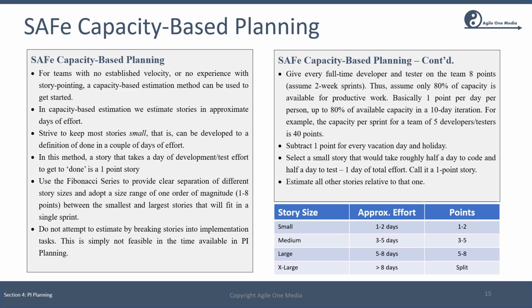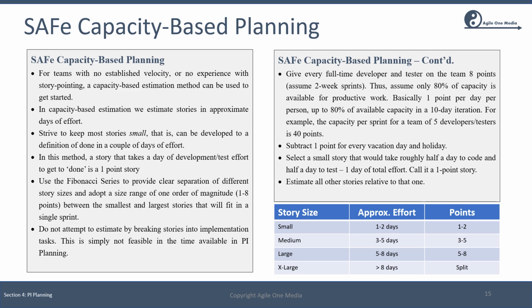And one thing we don't do is we don't attempt to estimate by breaking the stories into implementation tasks because we simply do not have the time in the PI to do this, and we accept that the estimates will average out over a fairly large number of stories. And so the method is give every full-time developer and tester on the team 8 points, and let's assume 2-week sprints.